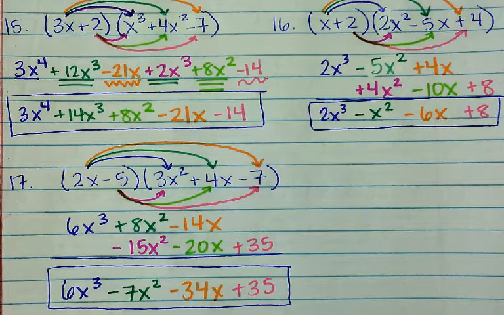Negative 5 times 3x squared was negative 15x squared. Negative 5 times 4x was negative 20x. And negative 5 times negative 7 gave me positive 35. And when I combined all my like terms, we get 6x cubed minus 7x squared minus 34x plus 35.